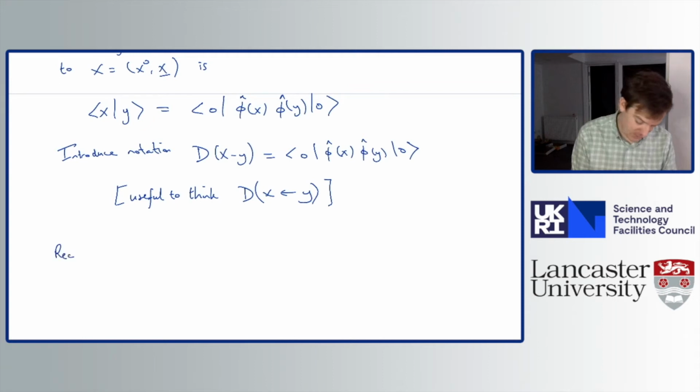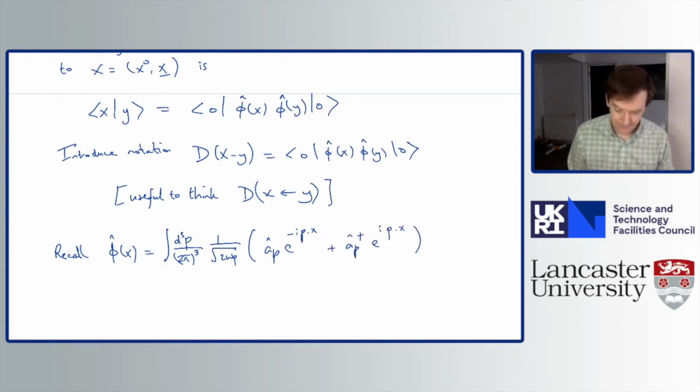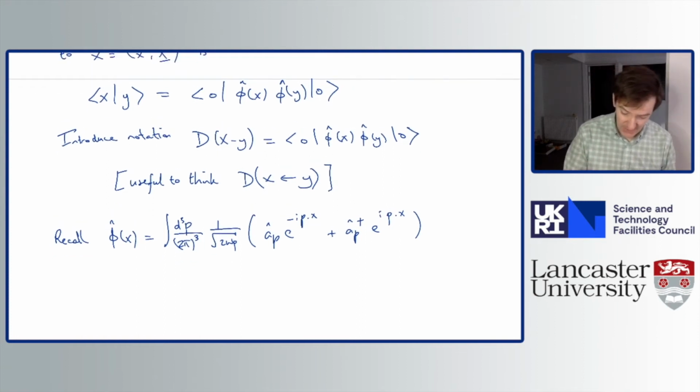Just to remind you, I've written it a lot of times now, so hopefully you're familiar with this, but it's the integral of d^3p over 2 pi cubed, 1 over root 2 omega p, and then we have the combination of the creation and annihilation operators. So when we want to evaluate D of x minus y, it's just a case of substituting in between the two vacuum states.